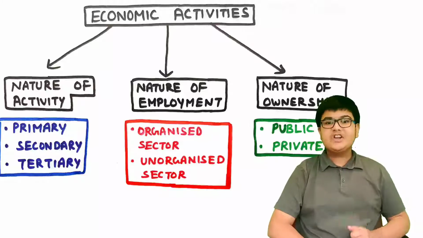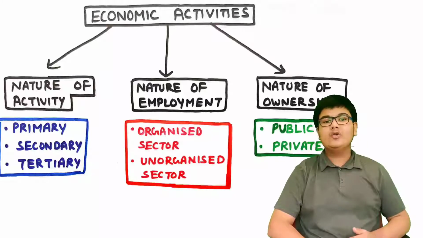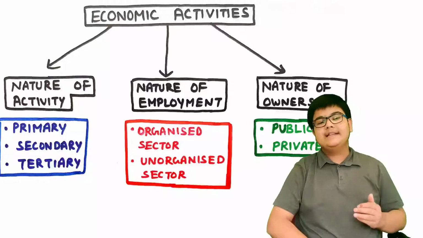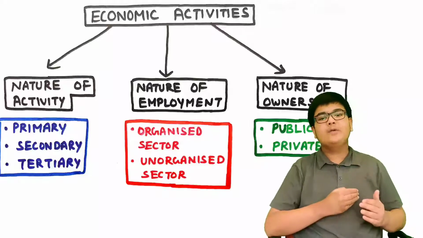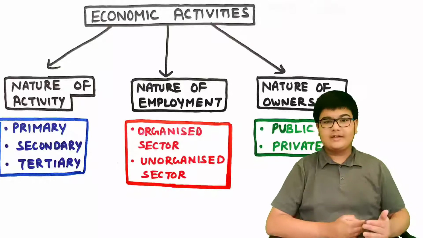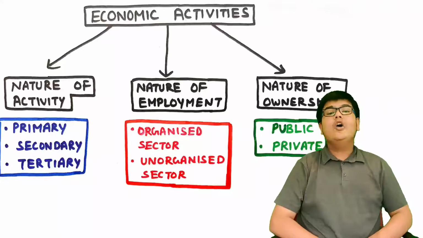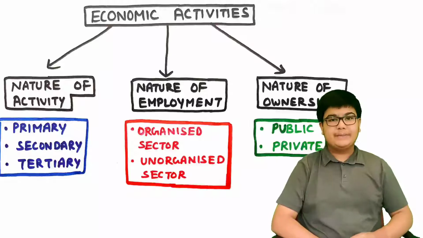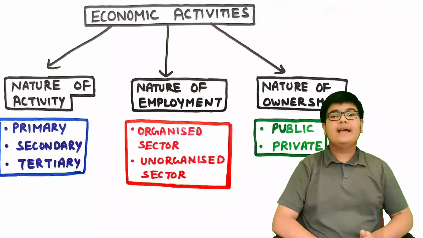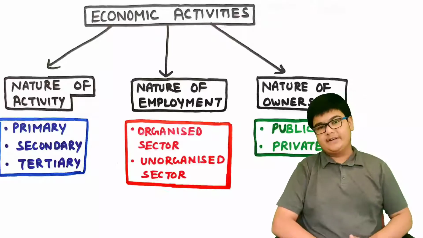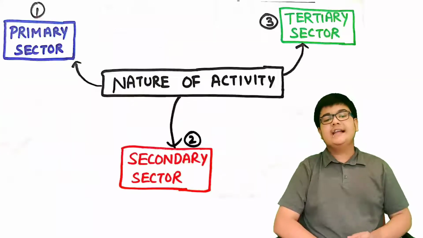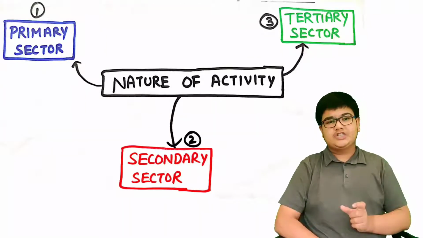On the basis of nature of employment, they are classified into organized and unorganized sector. This means whether the nature of employment is regular or irregular. Third, on the basis of nature of ownership, economic activities are classified into public and private. Now we shall understand each of these classifications in detail.